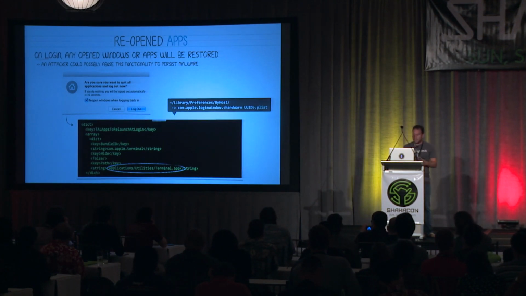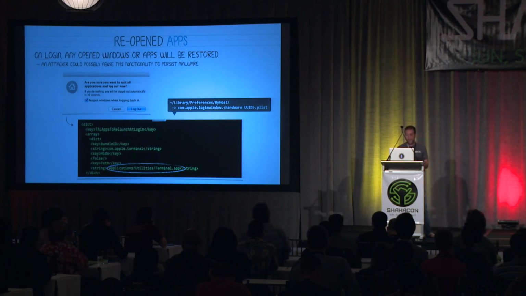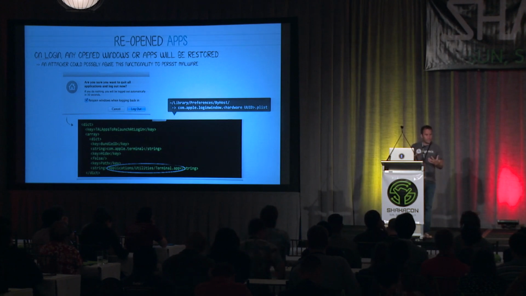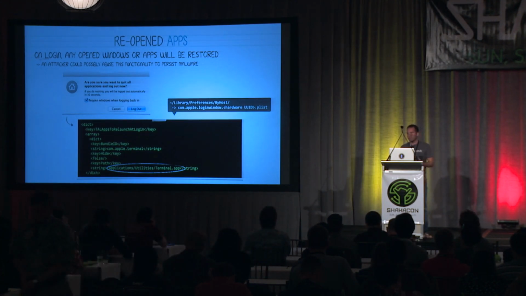Now, if you dump this plist, you can see information about all the apps that are going to be automatically reopened. So there's the ID of the app, again, whether to hide it or not, and then, of course, the path to the application. Again, malware may abuse this technique by modifying this plist directly, and then whenever the user logs in, the application that's specified in there will be automatically executed.